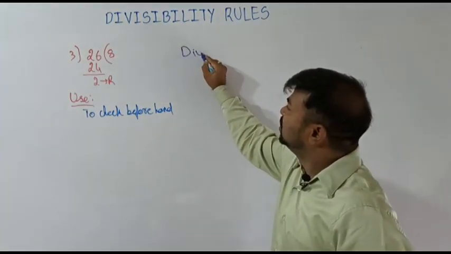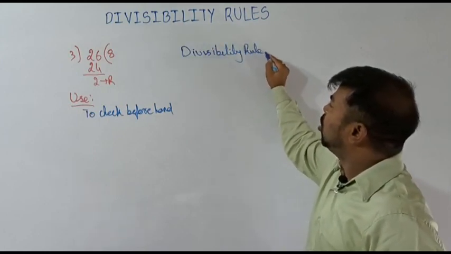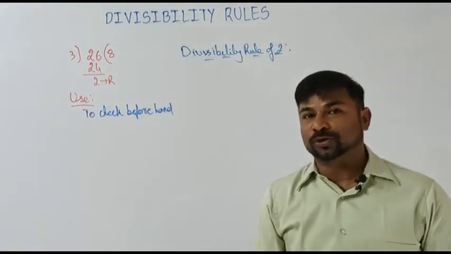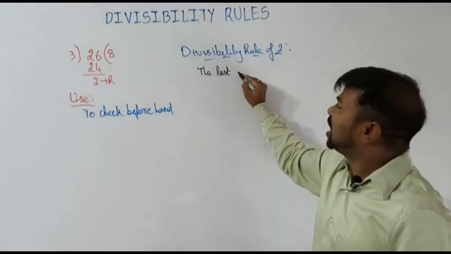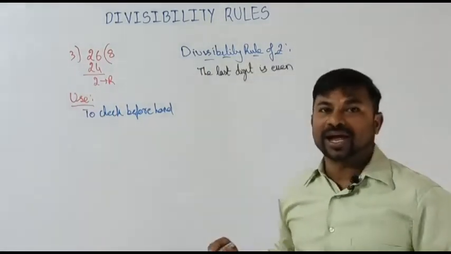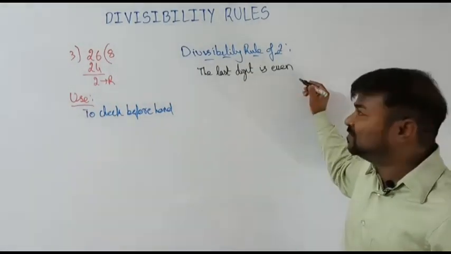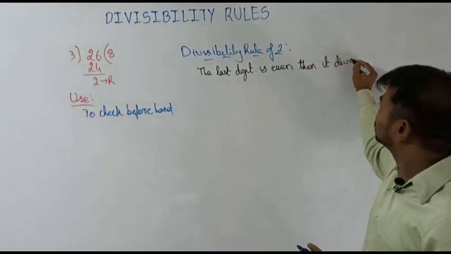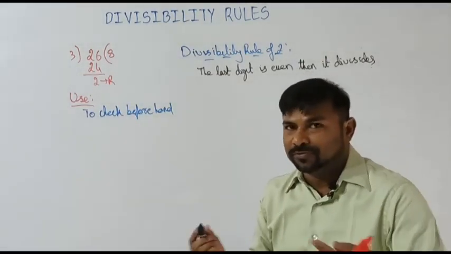First, the divisibility rule of 2. The rule is: if the last digit of a number is even, then the number is divisible by 2.